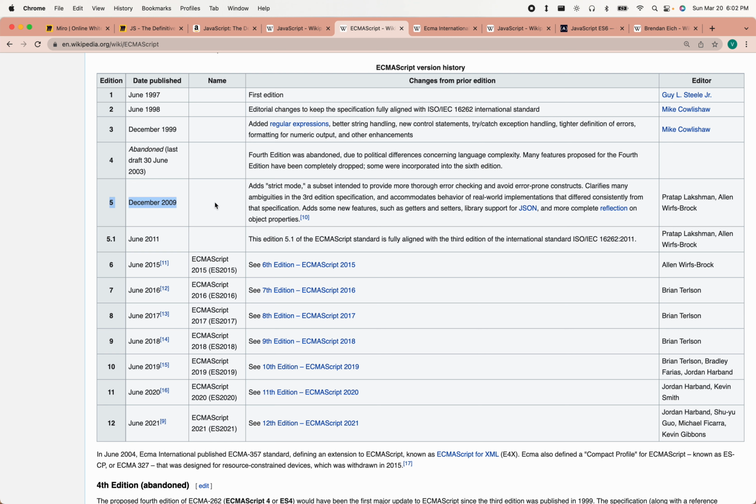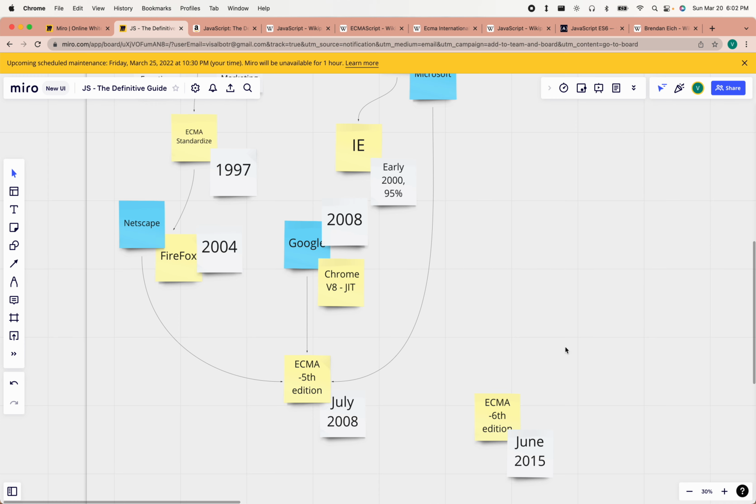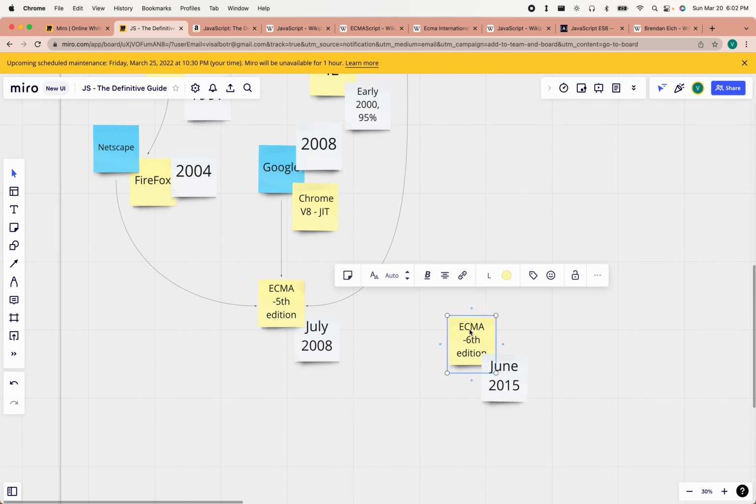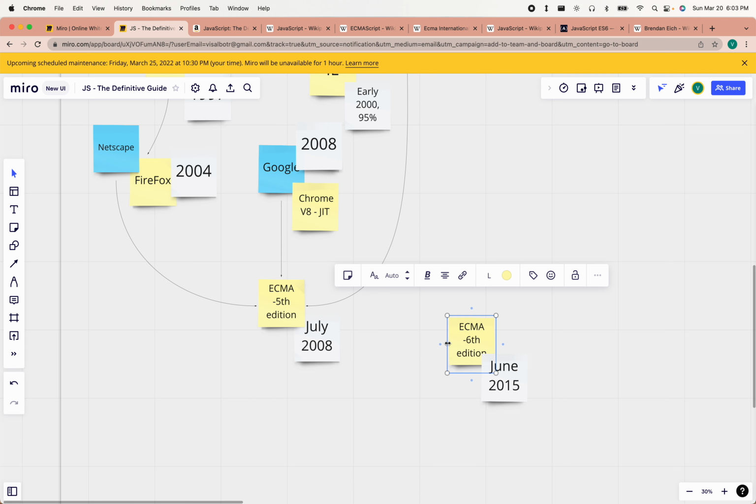But the turning point is this one, when all the companies, the big players in the space, decided to sit down and agree. And the other reason that ES6 is significant is that in ES6 they started to introduce a lot of features, like classes and modules, that other languages have, and that's why a lot of the time you hear the word ES6 used with JavaScript.